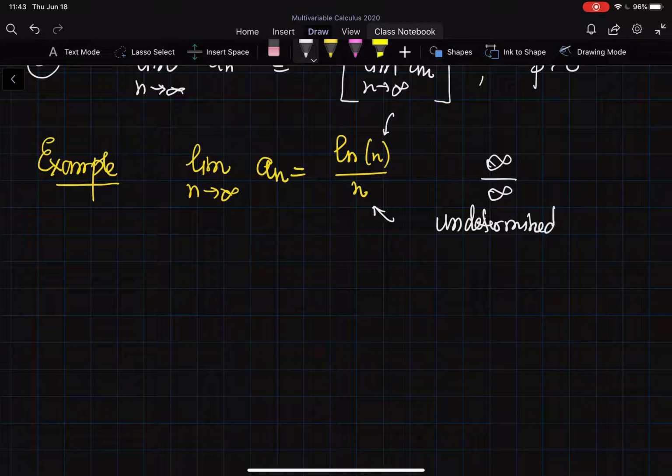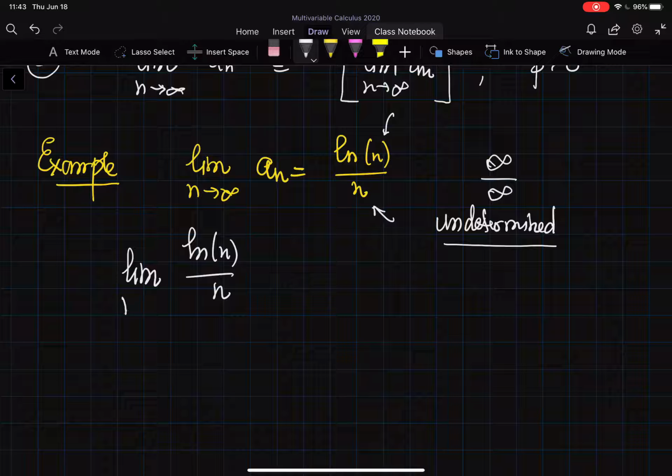Determinate limit, right? And we can find this by taking the derivatives of the numerator and denominator separately. So basically, the limit of ln of n divided by n when n goes to infinity is going to be the limit as n goes to infinity.